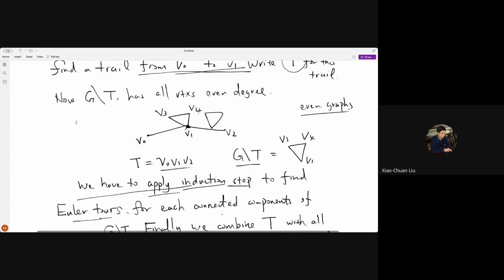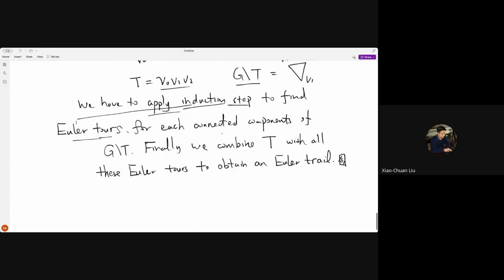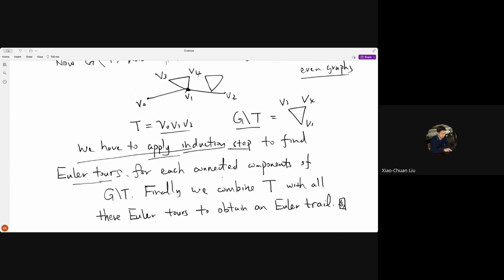Okay, and then you combine. So what does combine mean? For example, T is V1, V0, V1, V2, and maybe the Euler tour in this case is V1, V3, V4. So let's delete this part, only this remains, and this is the Euler tour V1, V3, V4.